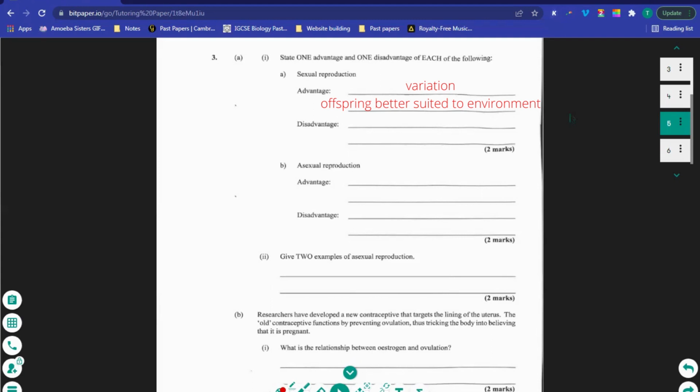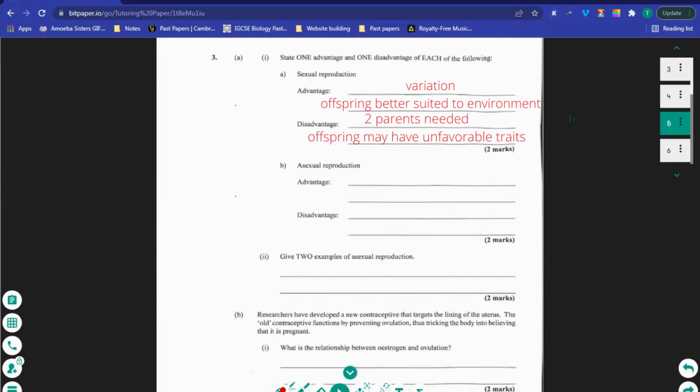And with that, the second point I could make is that the offspring may be better suited for the environment. So if we're talking about plants, the offspring may be more suited for the environment, whether it is that it could withstand drought or particular diseases that may be very prominent in that specific environment.